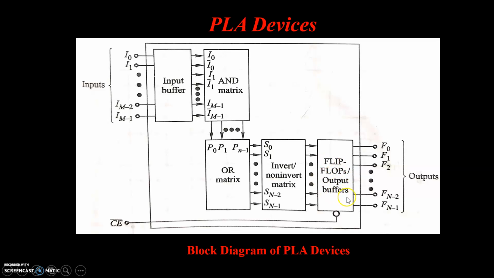The total number of outputs available at the output buffer is given by capital N. So the total number of inputs is given by capital M, and the total number of outputs by capital N. Let us see the explanation of each of the blocks.